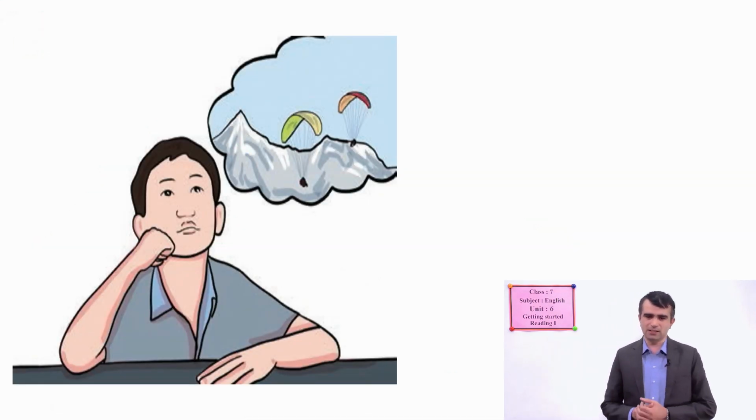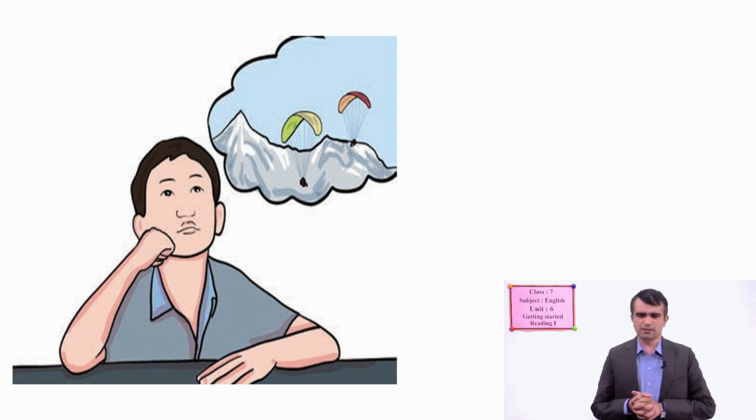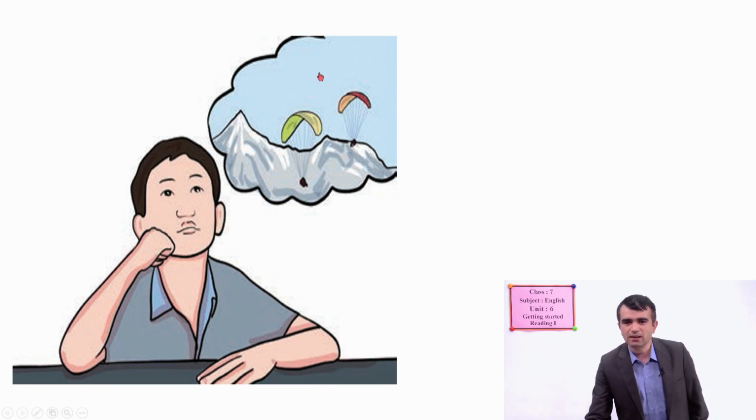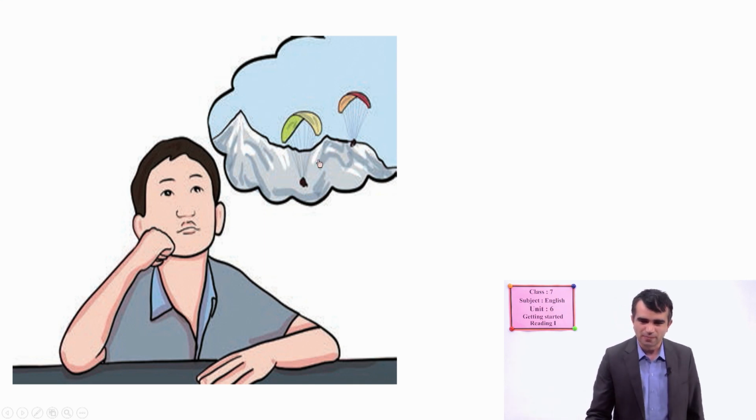Now just see and guess what the boy might want. Based on this thing, what is there? Now the boy is thinking about these things. What is this? Can you say what this is? Paragliding. Good, you know this, don't you?